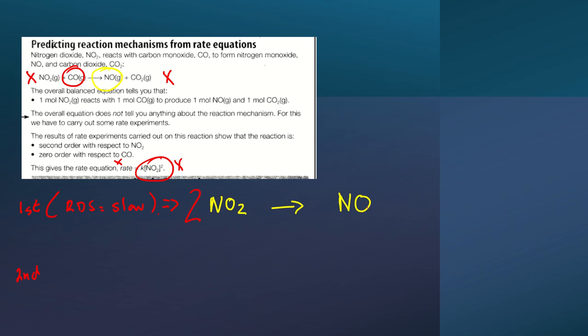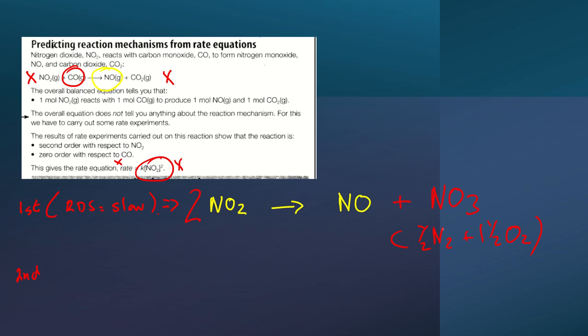Well, we can essentially make anything we want, provided it balances out with the number of nitrogens and oxygens on the other side. So I can see here that I have one nitrogen missing, and I can see here that I have 3 oxygens missing. So I could make NO3. I could alternatively, if I wanted, make half N2, and I could make 1.5 O2. Either would be absolutely fine.